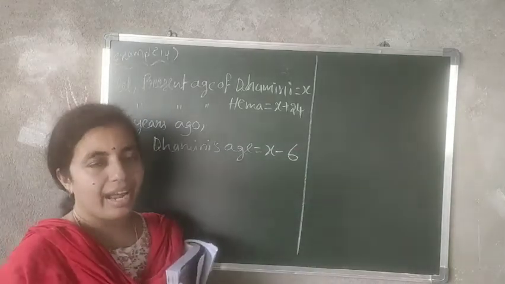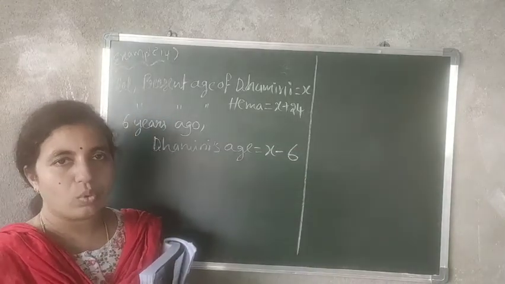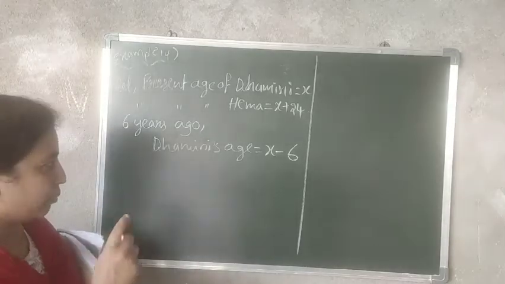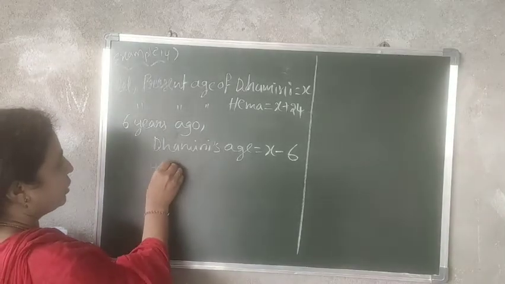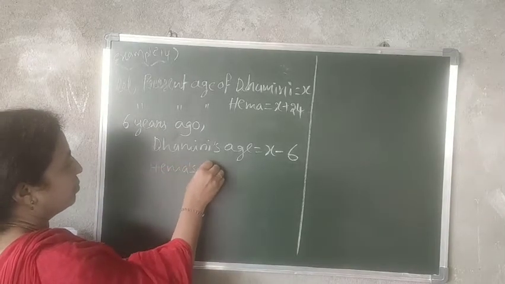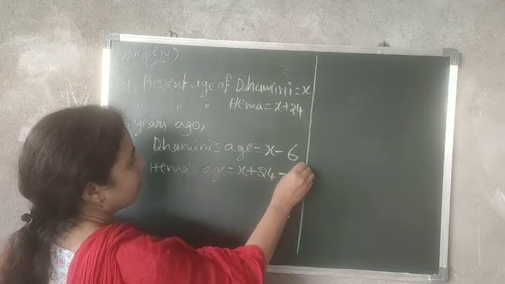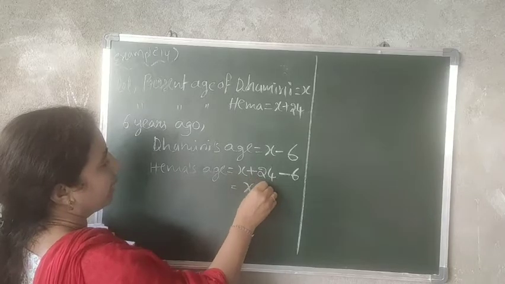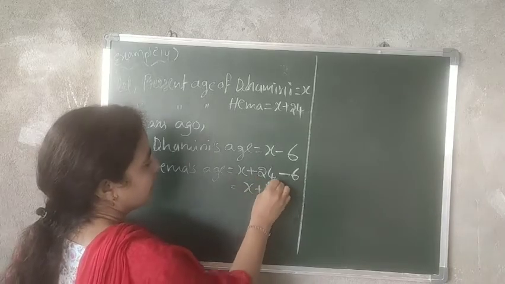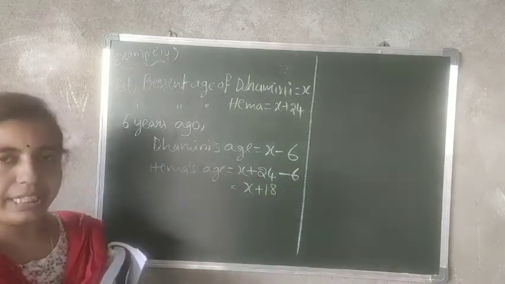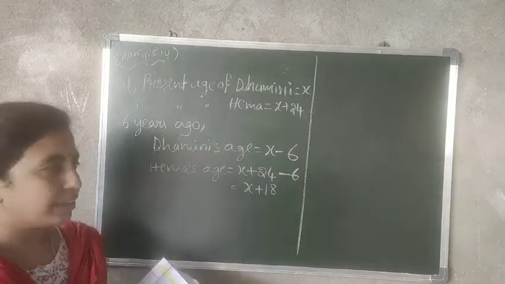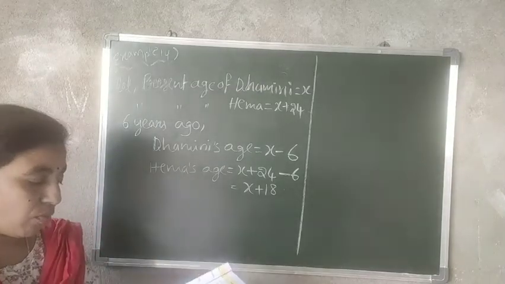After means we are adding, ago means we should subtract, so x minus 6. And Hema's age is x plus 24 minus 6, that is x plus 18.